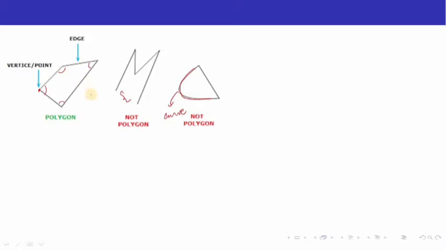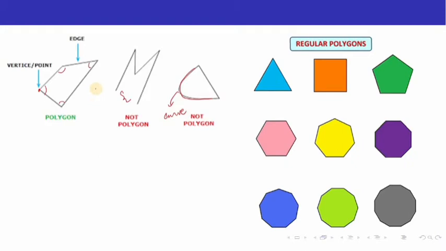Now there is something called a regular polygon. If you look at all these figures, we call this a triangle, and in this triangle all the sides are equal. So if there is a closed figure which is formed by equal sides, such a closed figure is known as a regular polygon.